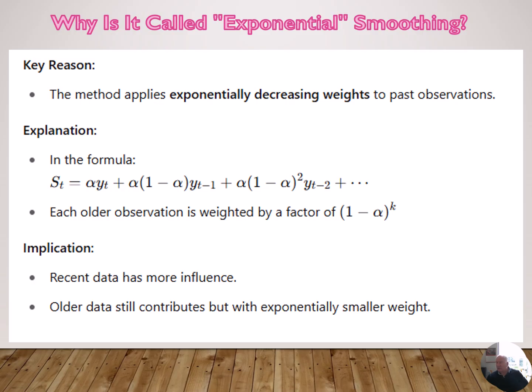For 2 time steps back, it's alpha times (1 minus alpha) squared, and we keep going. So each older observation is weighted by a factor of (1 minus alpha) to the k. The implications are that the recent data is more influential, and that older data still contributes, but it has a smaller weight.